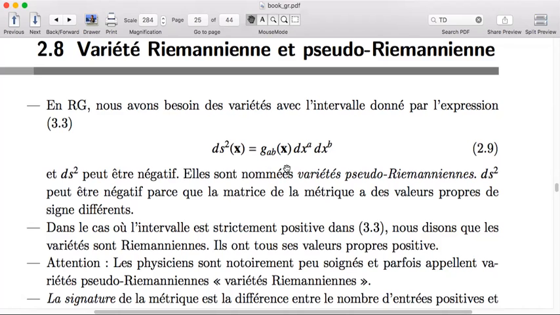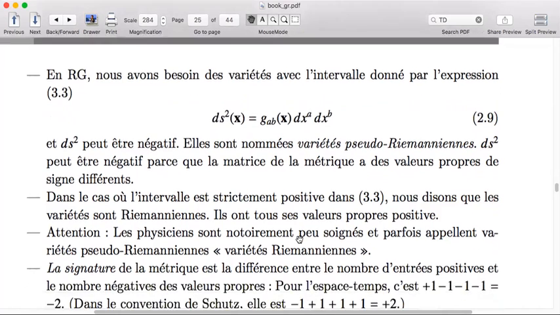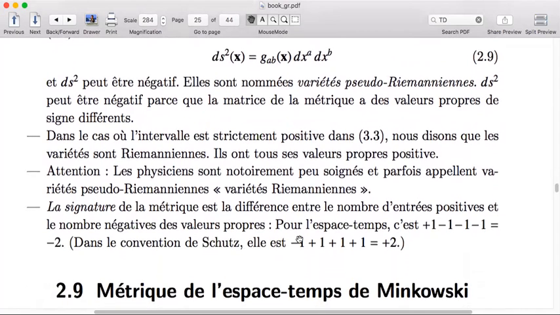The signature of that matrix is a key notion. It's the number of positive eigenvalues plus the number... No, I guess I could say it that way. It's just if you assign +1 for a positive eigenvalue and -1 for a negative eigenvalue, and then add up all those eigenvalues, that would give you the signature.